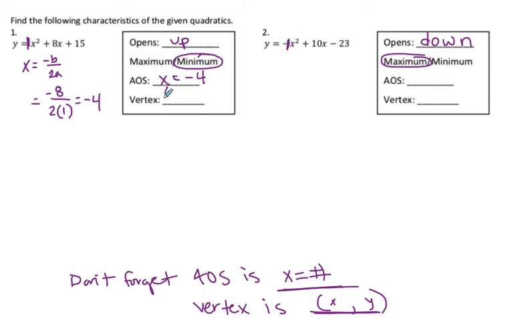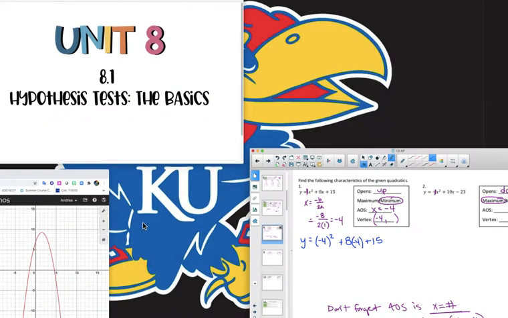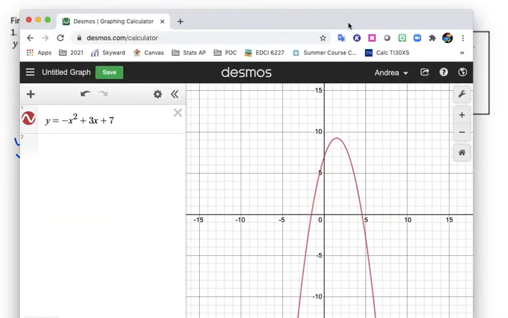So in this case, the vertex, we already know it's going to be the same x value of our axis of symmetry. But the new part that we need to do is plug it back in to find the y value. So in my calculator, I'm going to do substitution, plugging in -4. Anywhere I have an x, I just put that in parentheses. And then I can type that into my calculator. Let me make sure we have a calculator pulled up here.